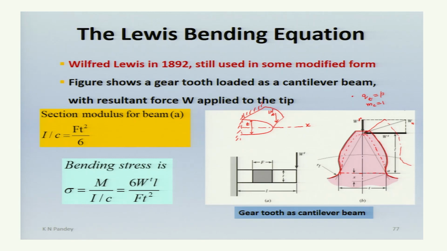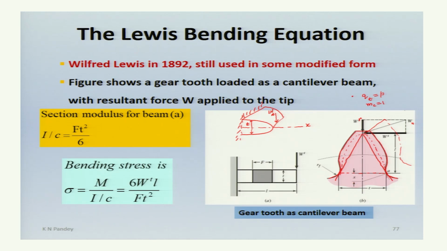If a line is drawn from this tip tangent to the fillet, then that line is this one. This line is tangent to the fillet. Okay.